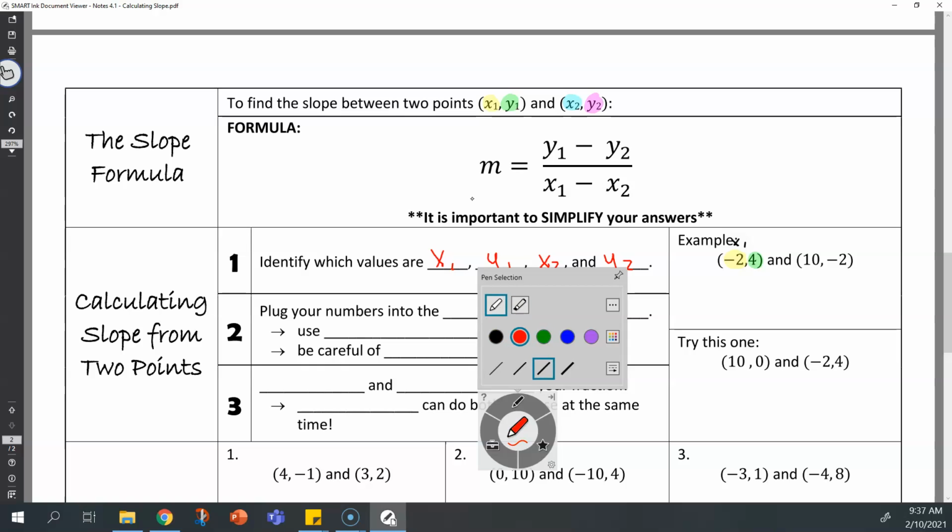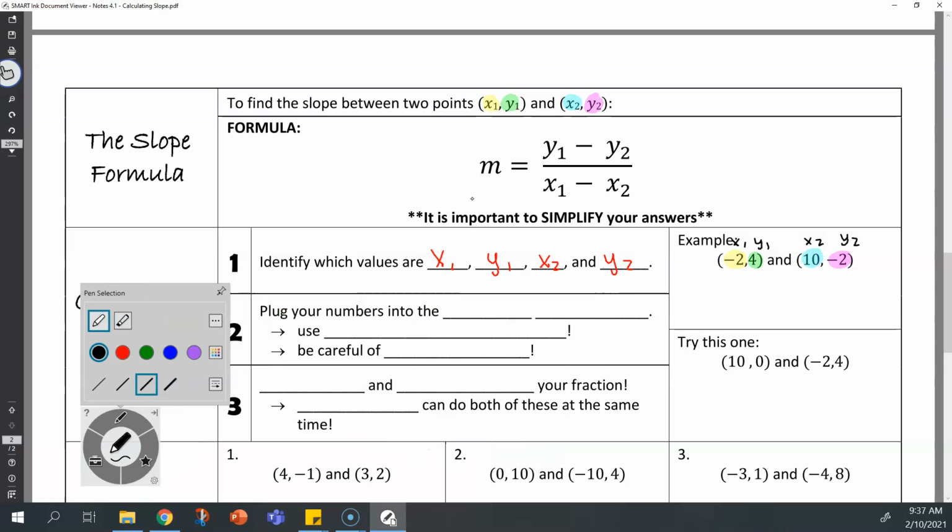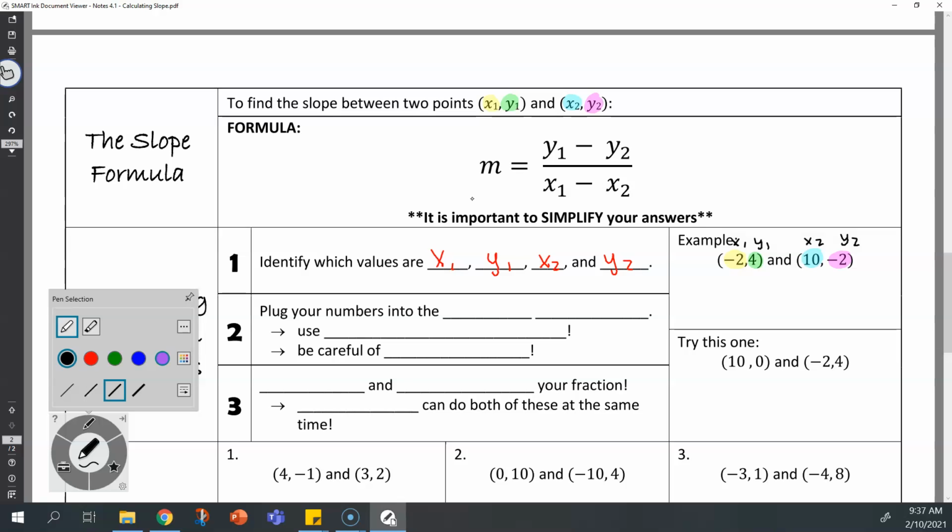That's going to be y1. The x value from my second point is 10. That's x2. And the y value from my second point is negative 2. That's y2. Okay, so once I've labeled those, I'm going to go ahead and plug those numbers into the slope formula.